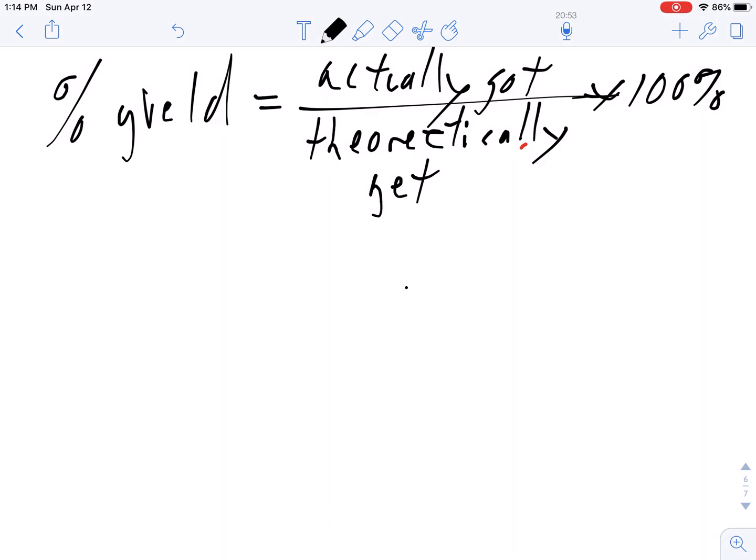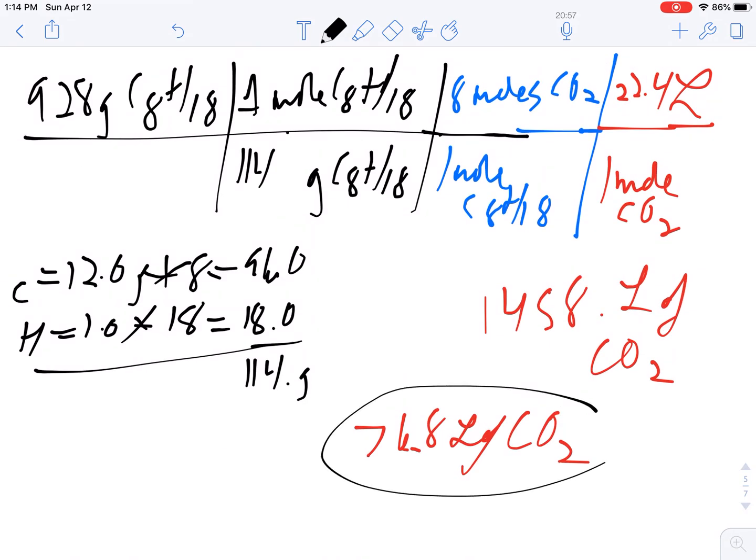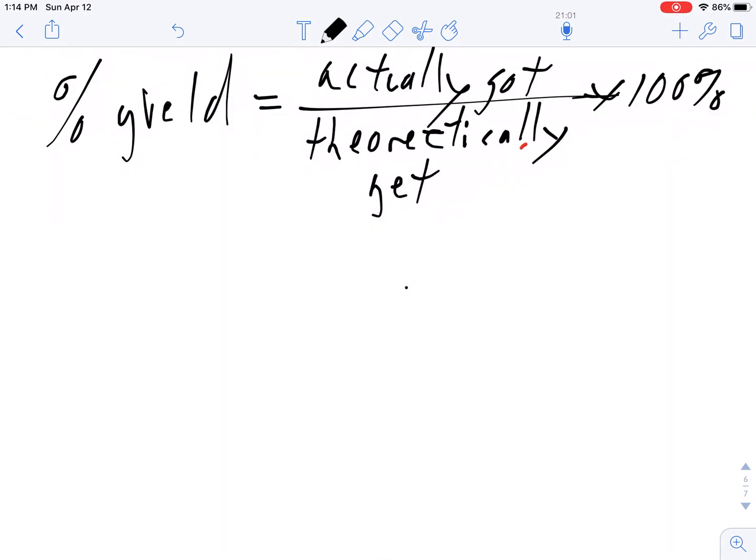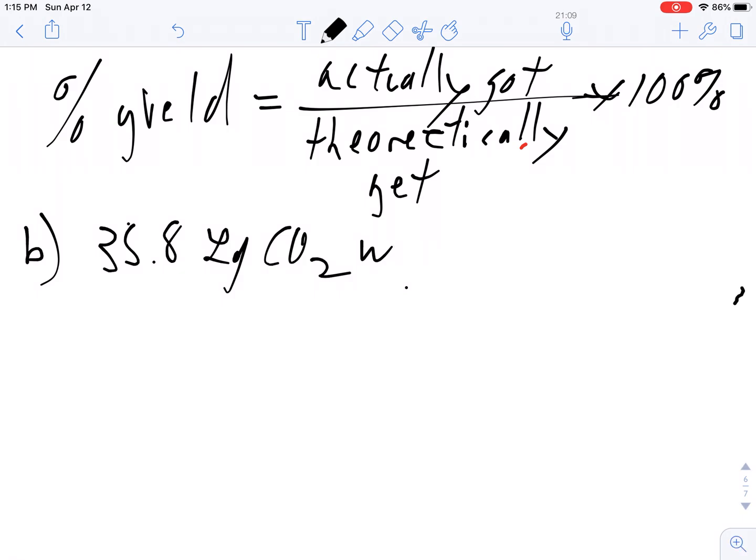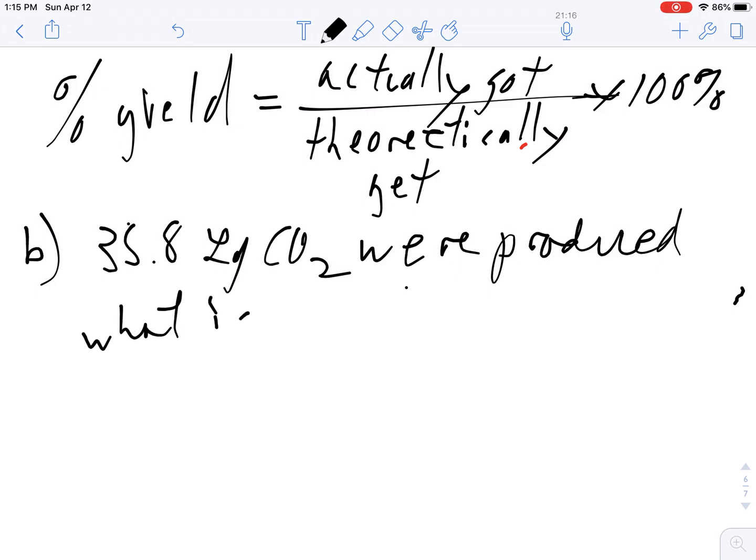Okay? So in our problem, we theoretically should have gotten 76.8 liters. In part B of the problem, they'll say 35.8 liters of CO2 were produced. What is the percent yield?